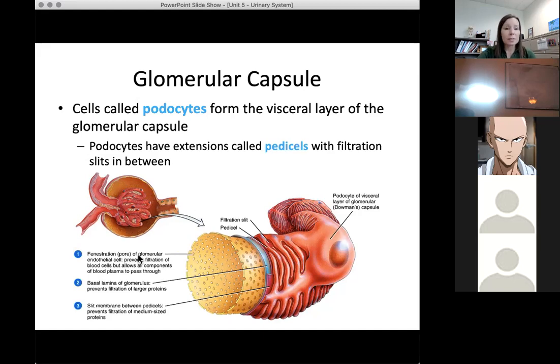Looking at this picture again, where you can see the glomerulus and the capsule surrounding it, in between the two layers of the capsule, between the parietal layer and the visceral layer, is a space called the capsular space. This space fills up with filtrate during the filtration process. So it's into that space that filtrate is going to go as soon as it's produced.